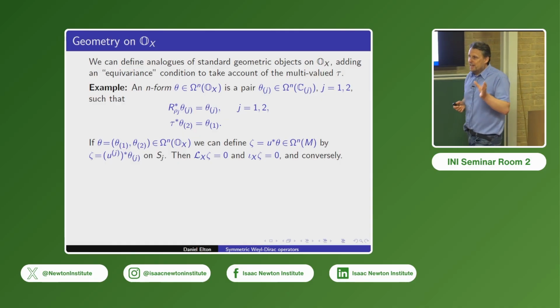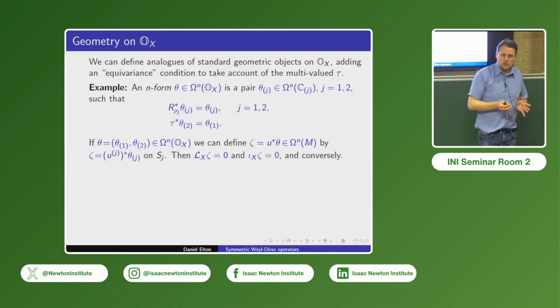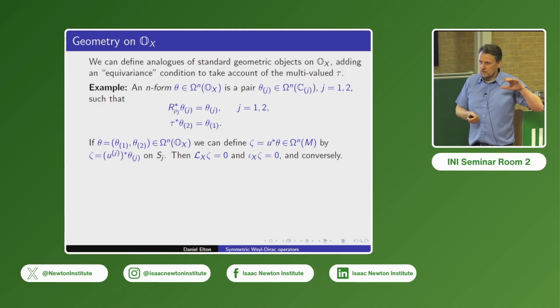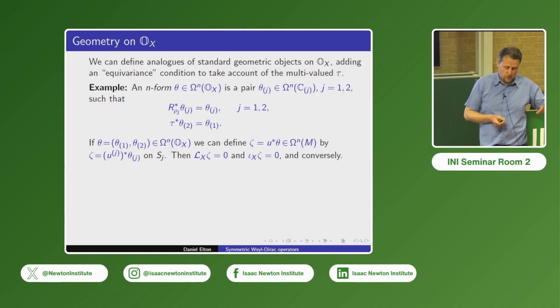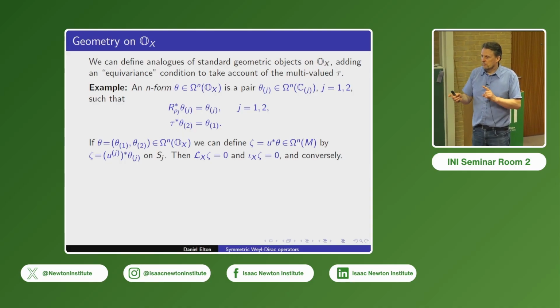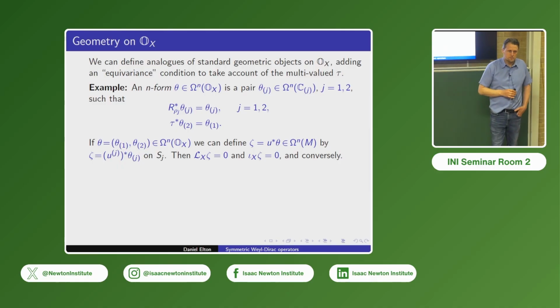If you have any n-form on the three-dimensional manifold that satisfies these two completely standard differential geometric conditions, it arises as a pullback of an n-form on our orbit space. So there's this equivalence. You get nice conditions on standard objects on R3 or S3, or you can view them as standard geometric objects on the orbit space.